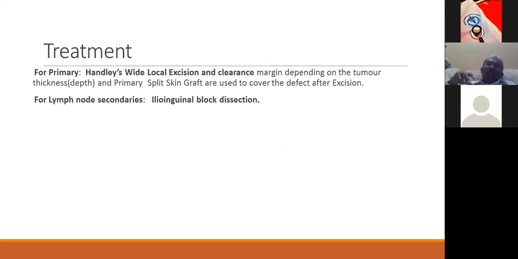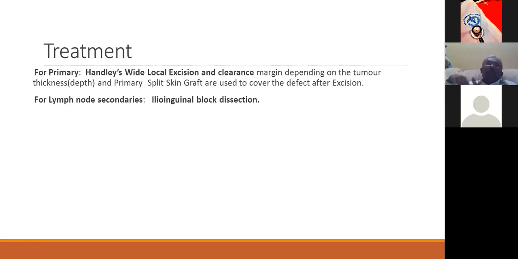All right. And then when your CT tells you they have obturator node positivity, then you also do a pelvic block dissection, or then comes your ilioinguinal block dissection. So ilioinguinal for only one node is too morbid a procedure. You tell, I would do a regional nodal dissection or a selective infrainguinal dissection.